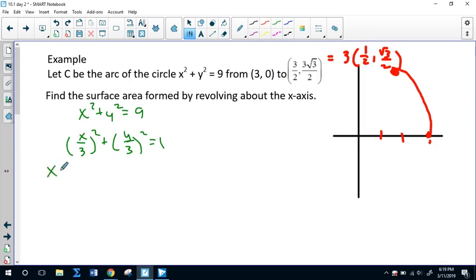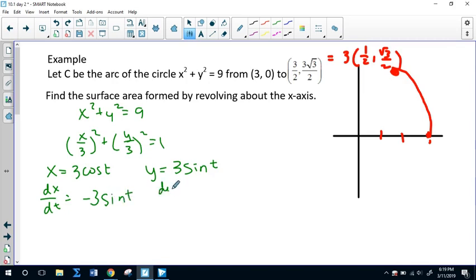So that means that x is equal to 3 cosine of t and y is equal to 3 sine of t. And that means that dx/dt equals negative 3 cosine. Nope, that is not what it equals. It equals negative 3 sine of t, and dy/dt equals 3 cosine of t.